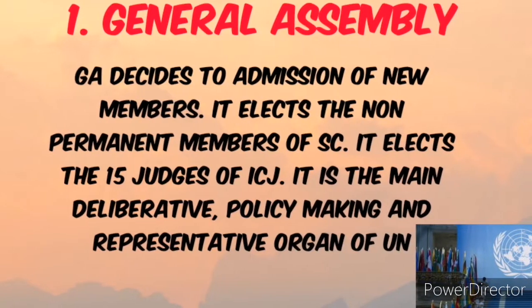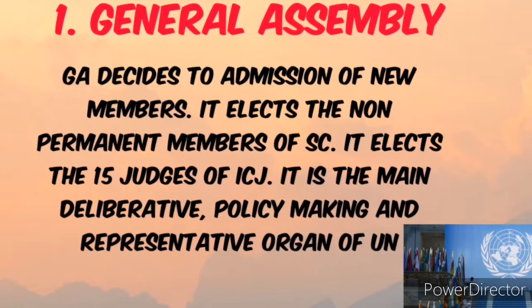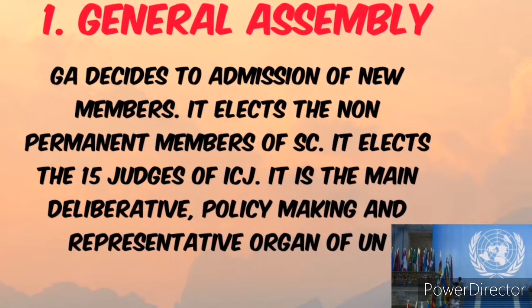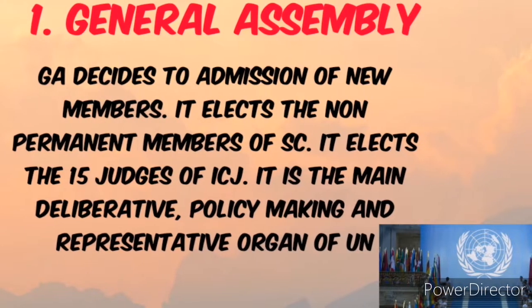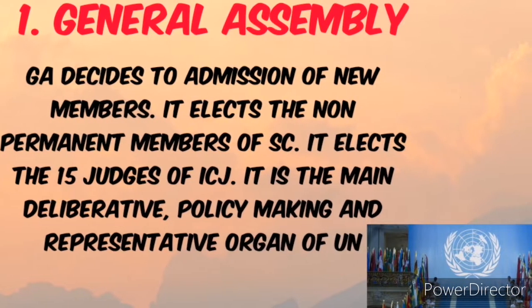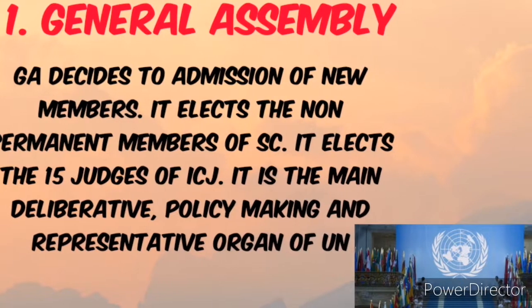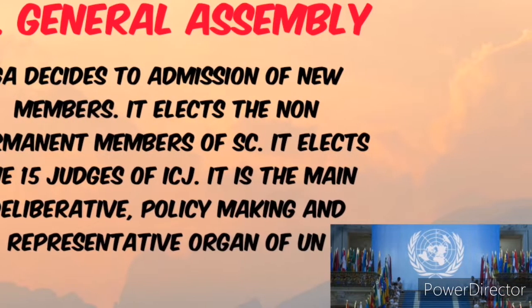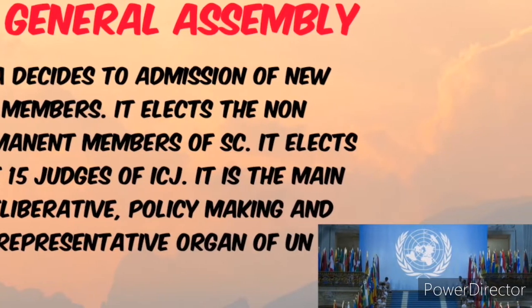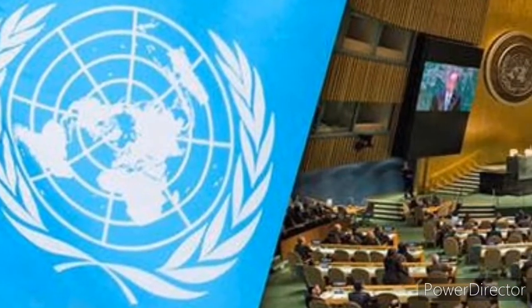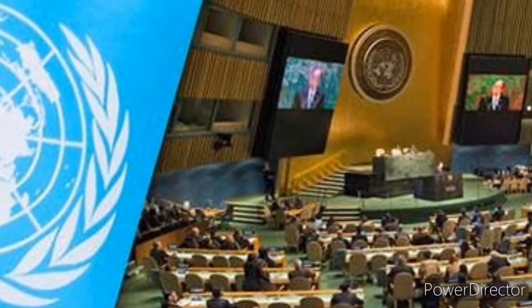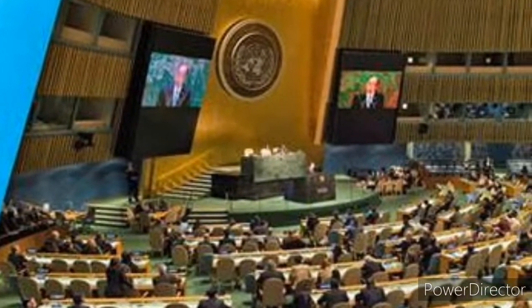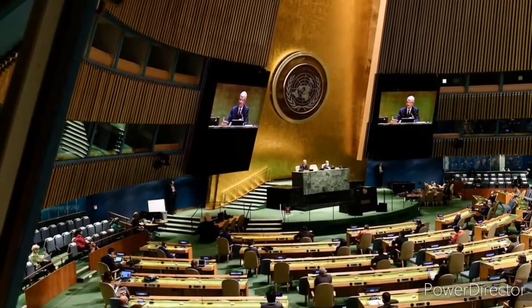Number 1. UNGA. It is abbreviated as United Nations General Assembly. The General Assembly is the main deliberative, policy-making and representative organ of the United Nations. There are 193 members of the General Assembly. All the members of the General Assembly are by default members of the United Nations.